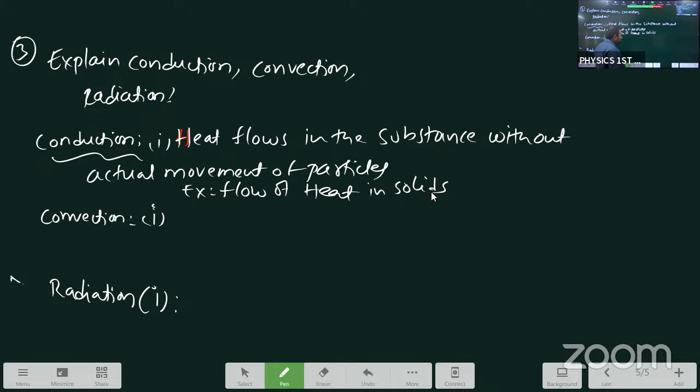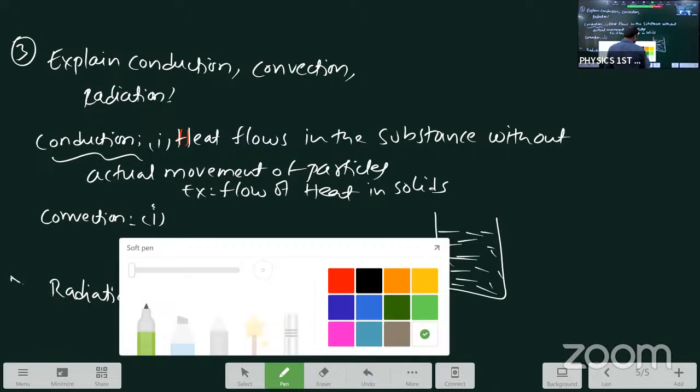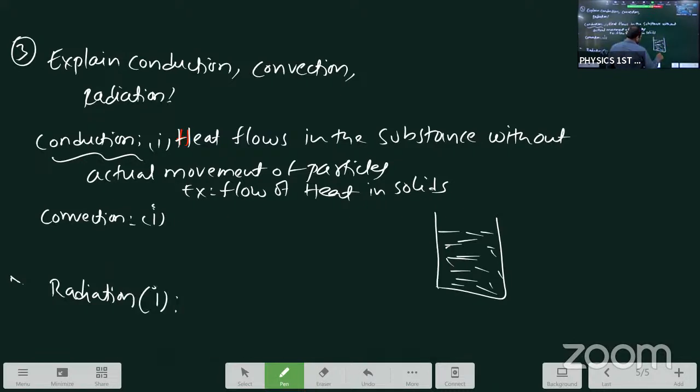Convection. One more example to take: water. Like this, we are supplying heat.